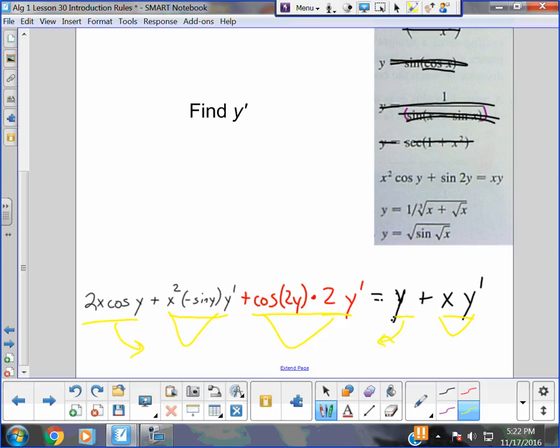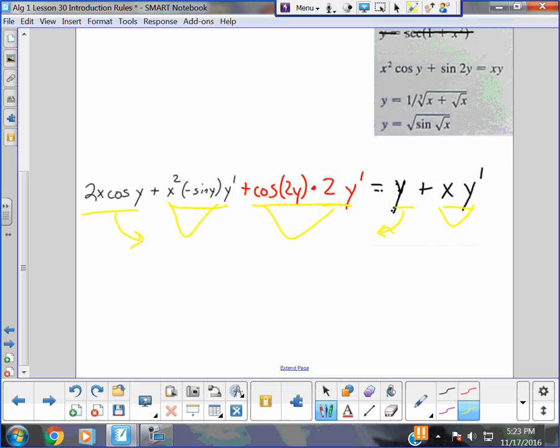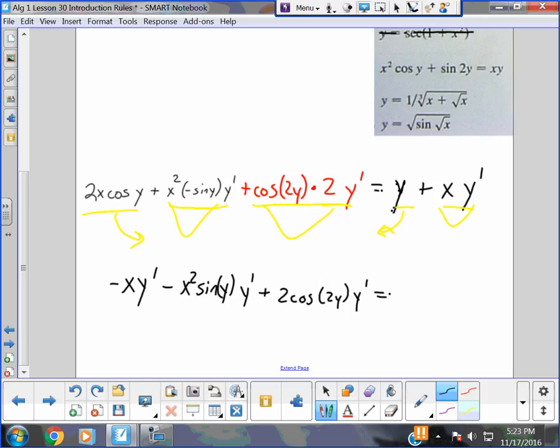Now, everybody, this is algebra. This is no longer calculus, all right? So if I bring x y prime to the front, I have negative x y prime, minus x squared sine y, y prime, plus 2 cos 2y, y prime equals, and again, I did this backwards on these yellow arrows here.